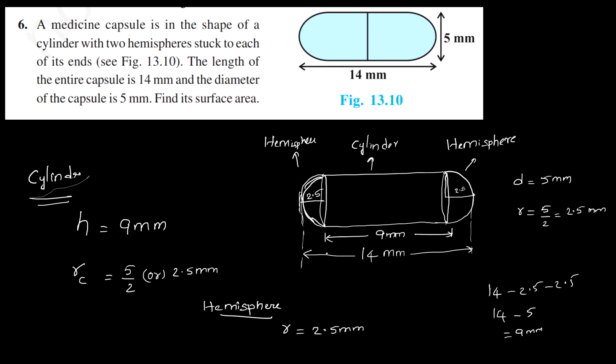Although they are asking surface area, the part which we can touch with our hand is the curved surface area of the cylinder and the curved surface area of the hemispheres, because the total surface area of the cylinder cannot be found, as the two ends of the cylinder cannot be touched.